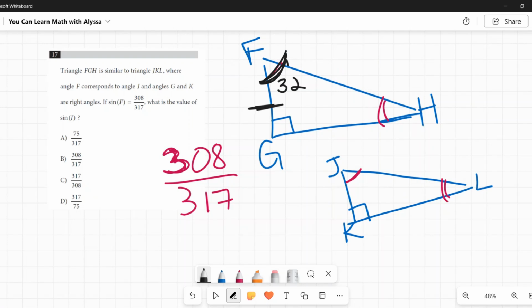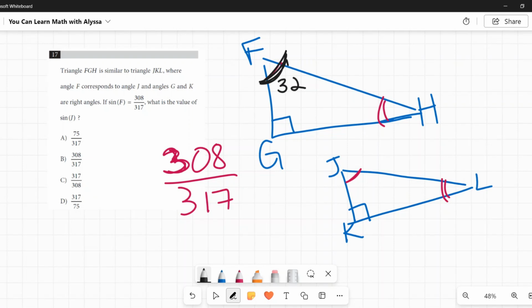Cosine is adjacent over hypotenuse, and tangent is opposite over adjacent. Again, same angles are going to have the same sine value no matter what size the triangle is.